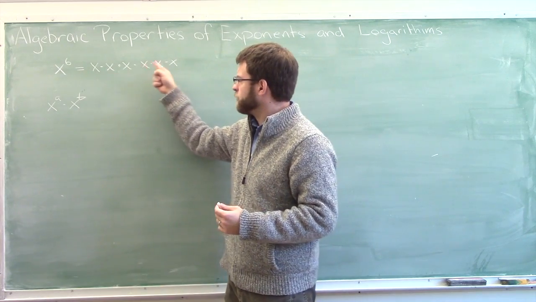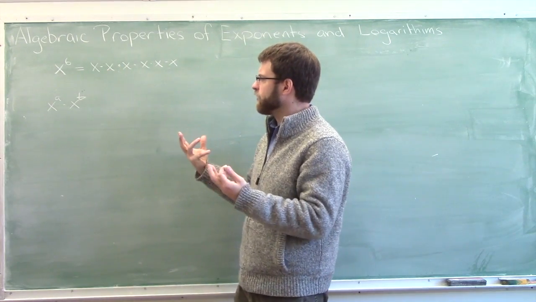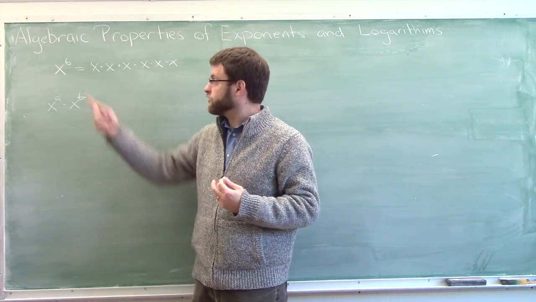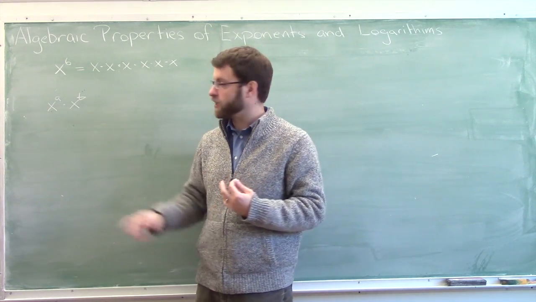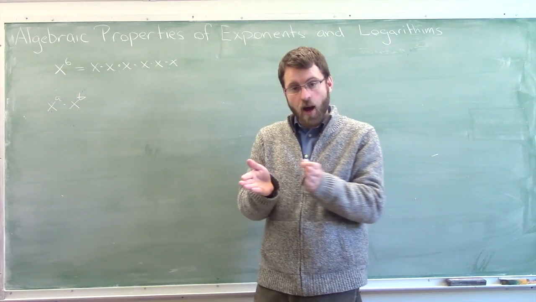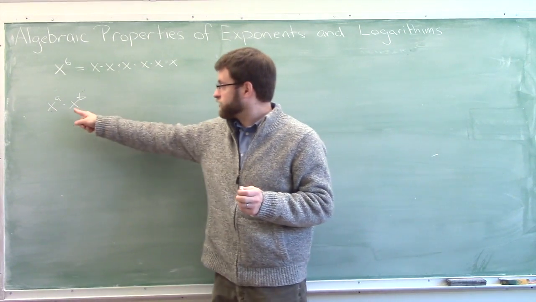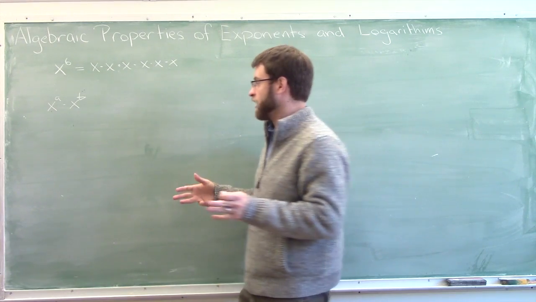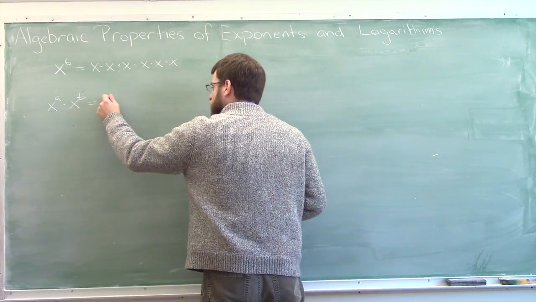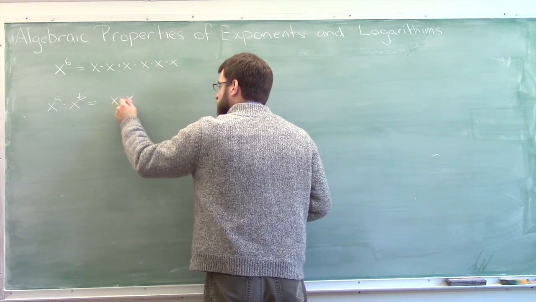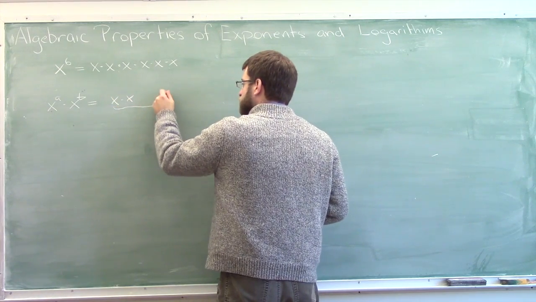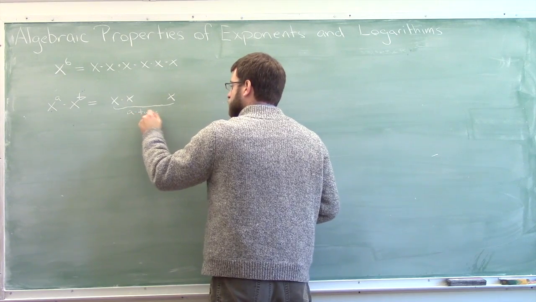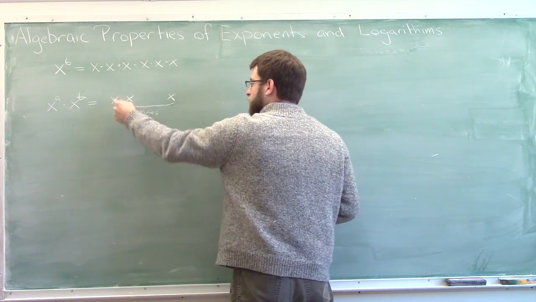If we think about what's happening with this kind of unraveling, this first guy, if I unravel it using this repeated multiplication idea, there are going to be a copies of that base x, and the second piece, there are going to be b copies of that base x. So if we just write this out schematically, we have a bunch of x's all multiplied together. They're a copies of x here.